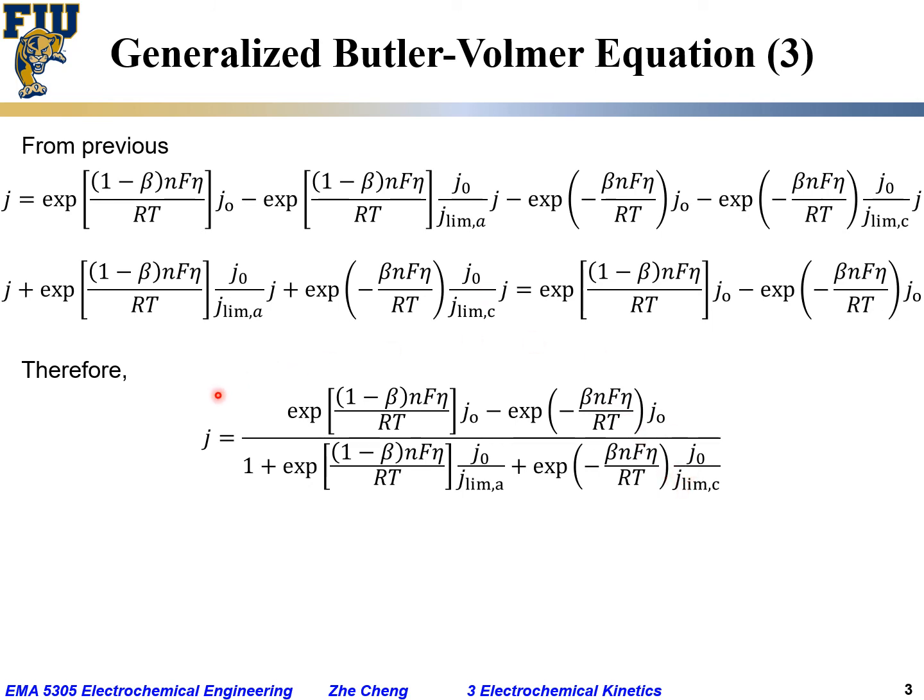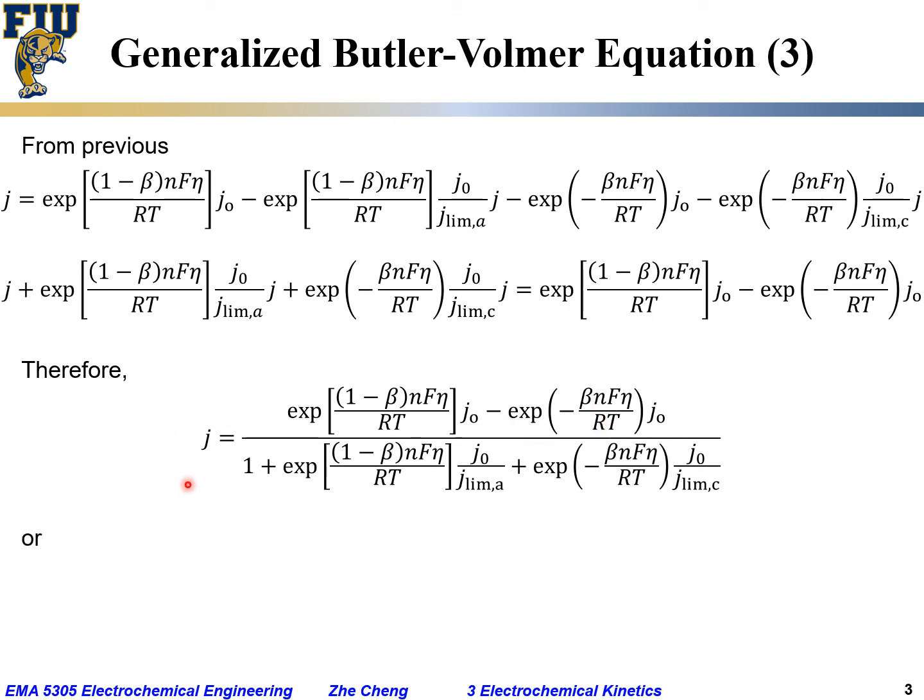Okay, so with this equation, in principle, we can calculate the net current density, the net result from anodic and cathodic, from oxidative and reductive process, for the same half cell or electrode reaction. If we know the overpotential, the symmetry factor, the number of electrons transferred and the temperature, then we can calculate it.